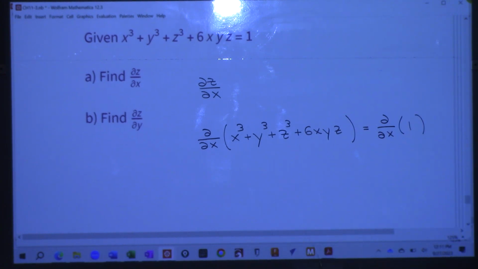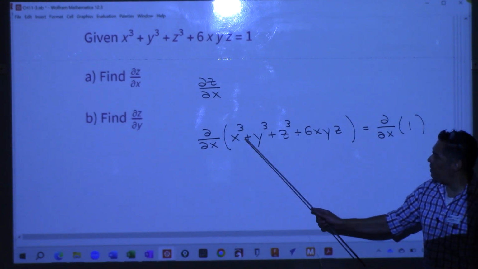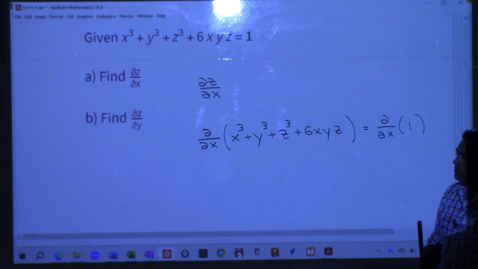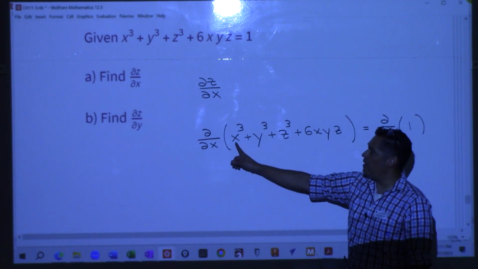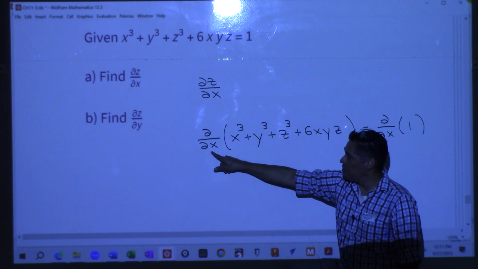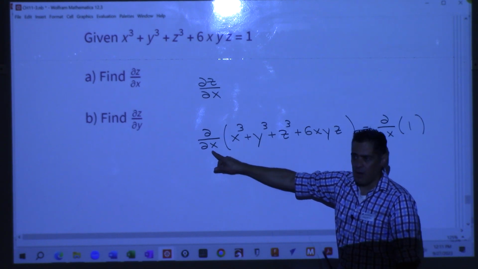So exactly what we just did in the previous problem, except we're doing a partial with respect to x. The only reason we're using that notation is because there's a y in here as well that we're holding as a constant. And so now, because there's a bunch of addition in here, I'm going to go term by term. What is the derivative of x cubed with respect to x? 3x squared, and that's it, right?